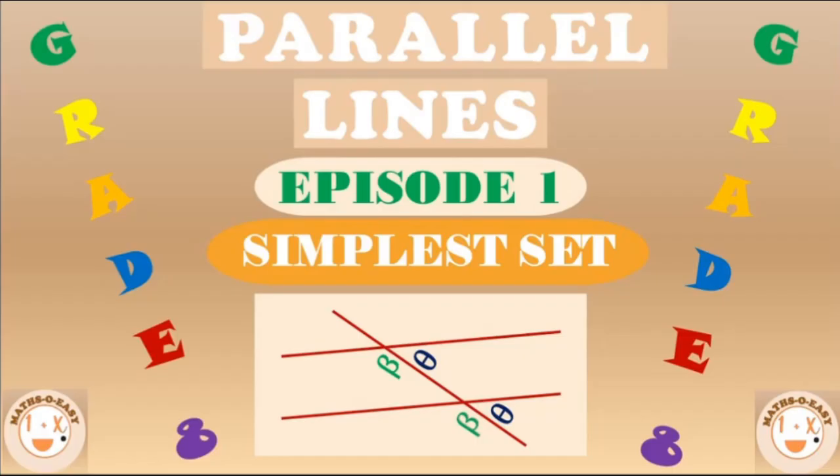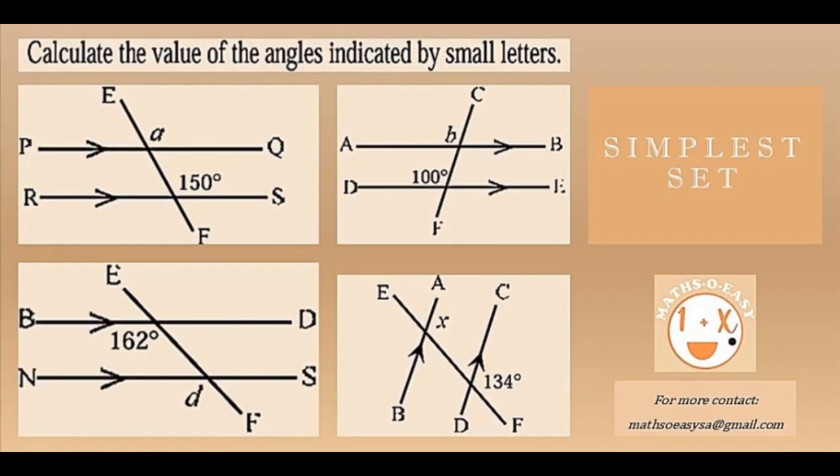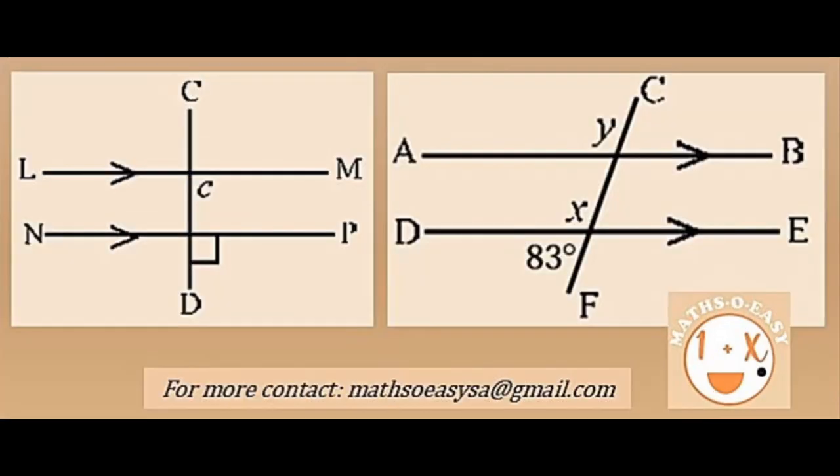Let us see. In the simplest set, how many activities are we going to have? Is it going to be 4? No, it's not going to be 4. It's more than that. We are going to go through 6 activities under the theme of the simplest set. So, what is their purpose?